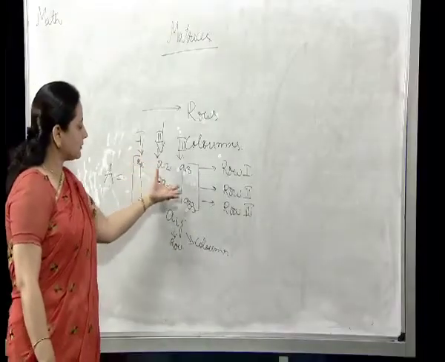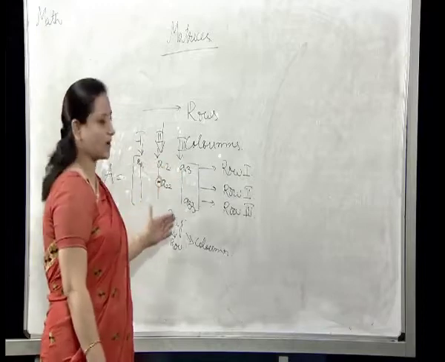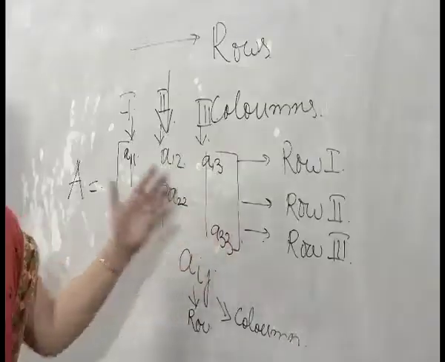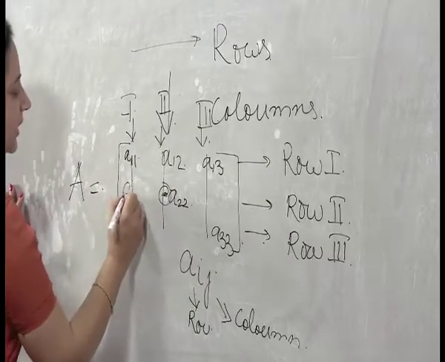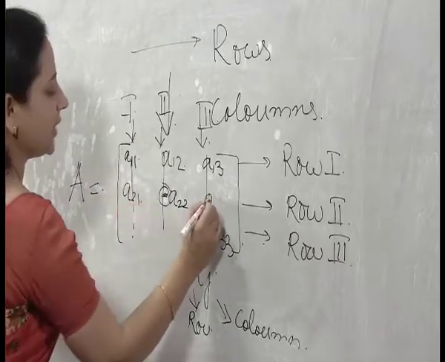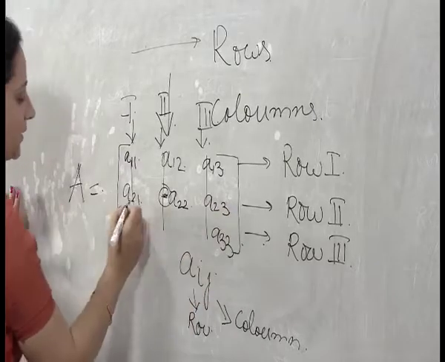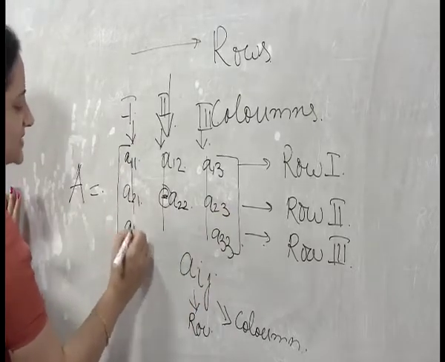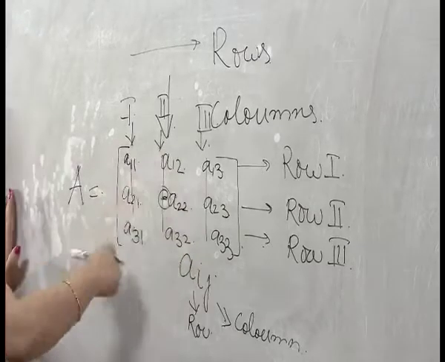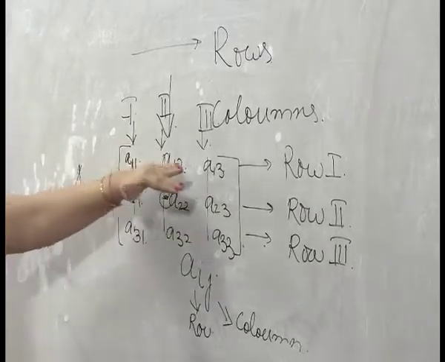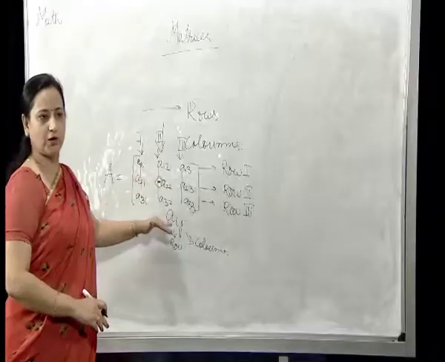Now we can see how many rows there are. There are 3 rows and 3 columns. If I write all the elements, this can be A21, A23, then I can complete this matrix with A31, A32 and so on. Now, it has 3 rows and 3 columns.